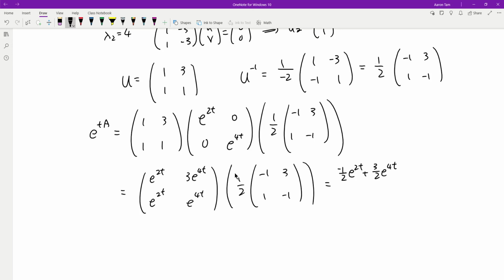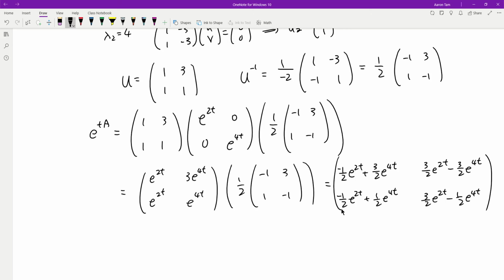Okay, now if we multiply this to this, I have 3 over 2 e to 2t minus 3 over 2 e to the 4t. And this one would be negative 1/2 e to 2t plus 1/2 e to 4t. And this last one would be 3 over 2 e to 2t and then minus 1/2 e to the 4t.